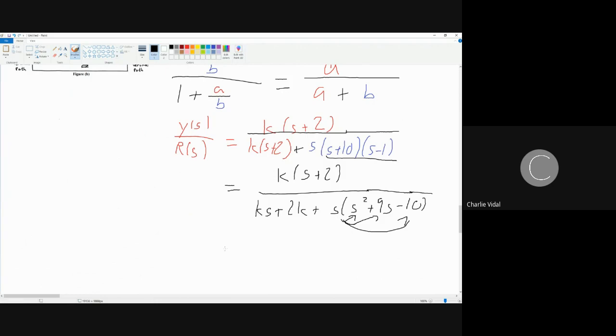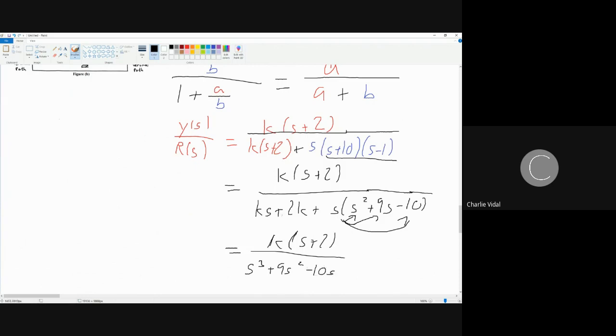So we have ks plus 2. As I said, if you have to take your time with this and do it like this, that's fine. It's better not to rush for this quiz because you could make a lot of mistakes. So the first one is going to be s cubed. The next one is going to be plus 9s squared. The third one is going to be minus 10s.